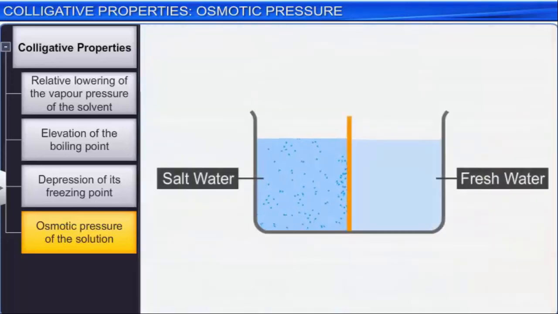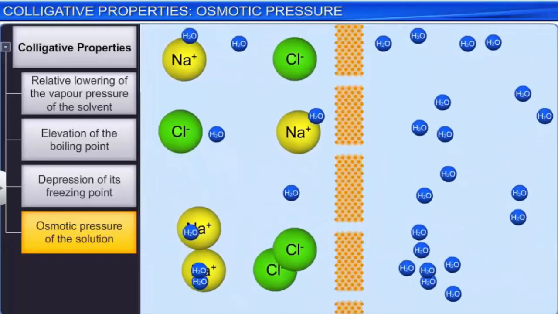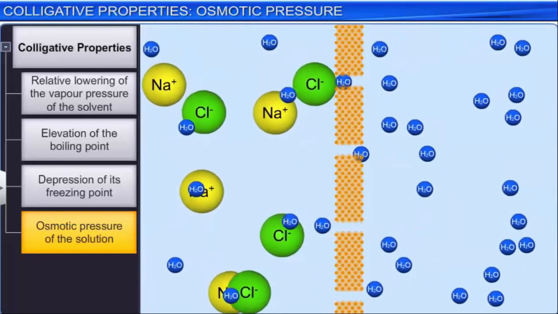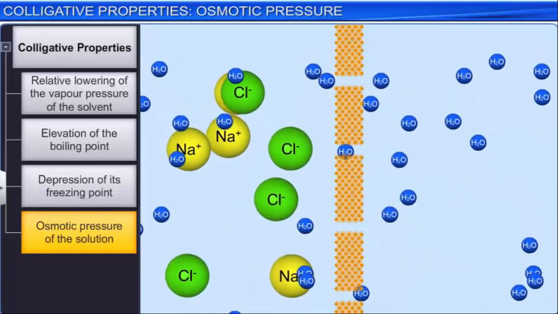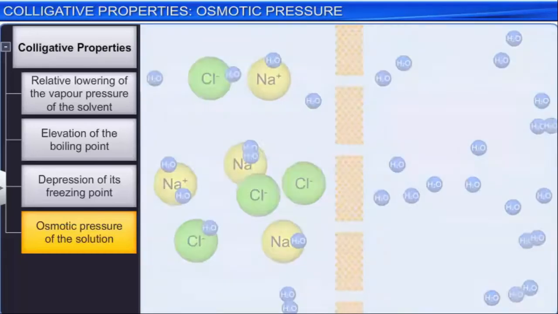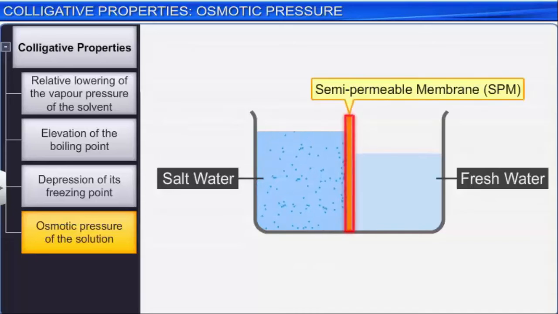Small solvent molecules like water can pass through the holes of these membranes, but bigger molecules, like the solute, are unable to pass through them. Such membranes, which are selectively permeable to only certain molecules, are known as semi-permeable membranes or SPM.